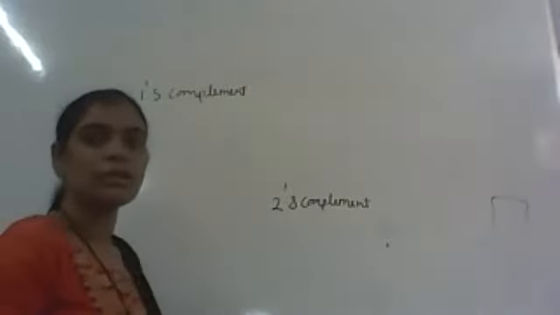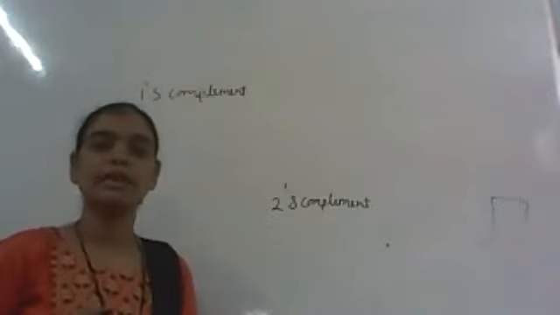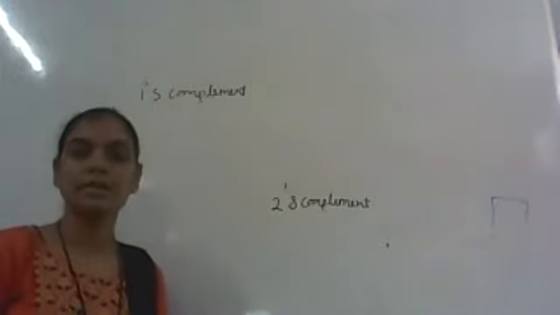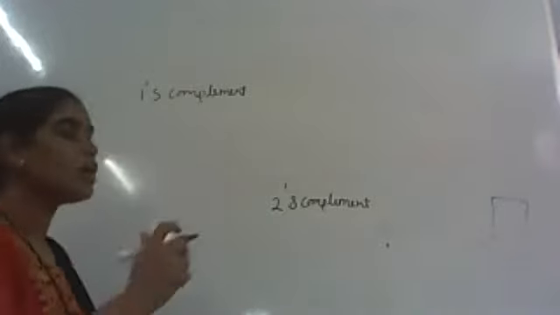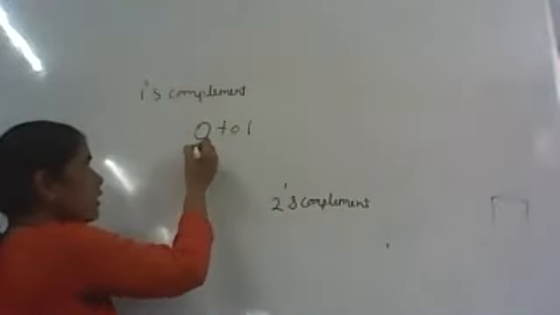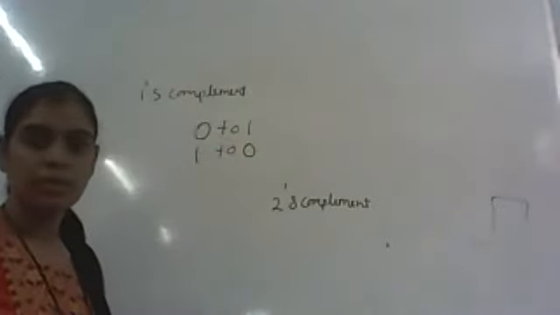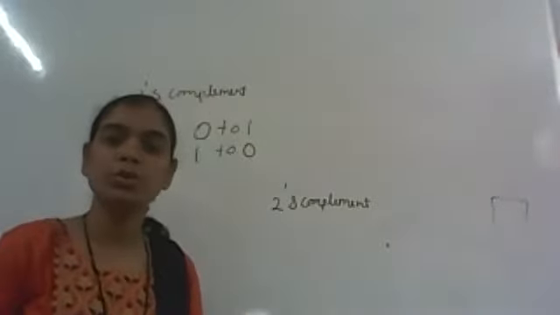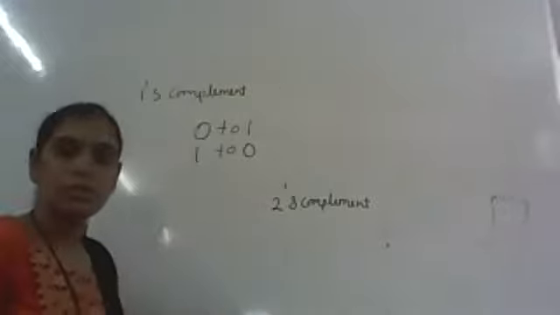The 1's complement of a binary number is another binary number obtained by toggling all bits in it, that is, transforming bit 0 to 1 and 1 to 0.